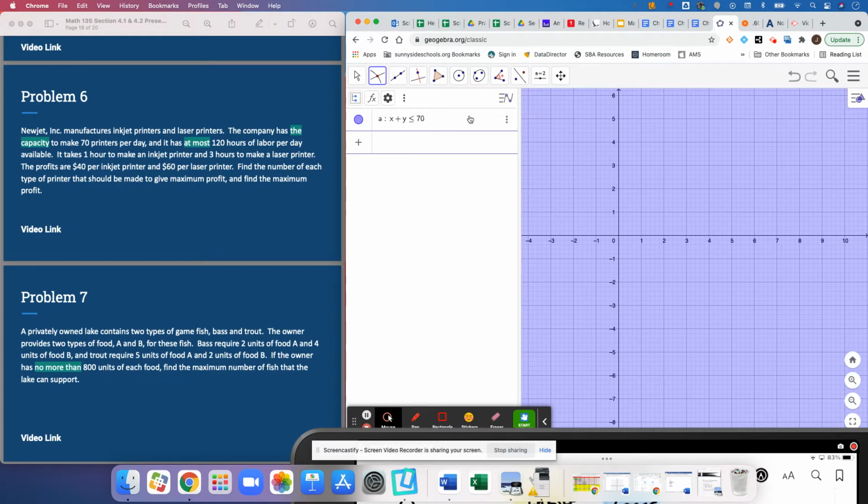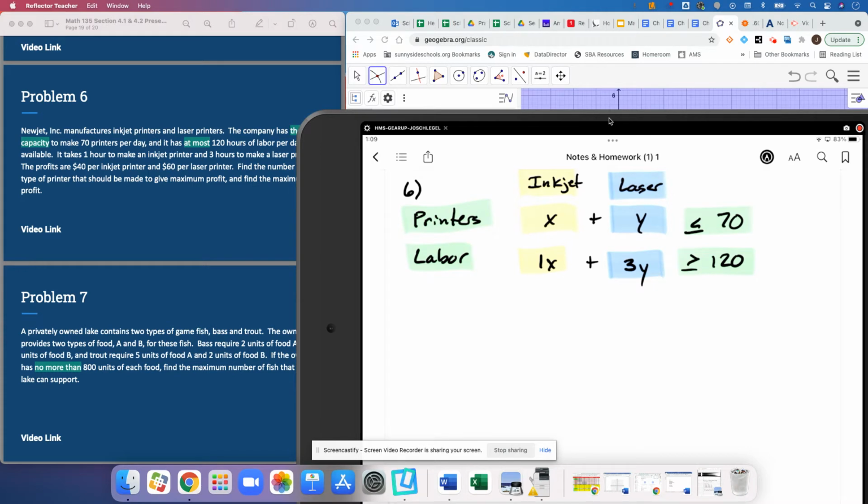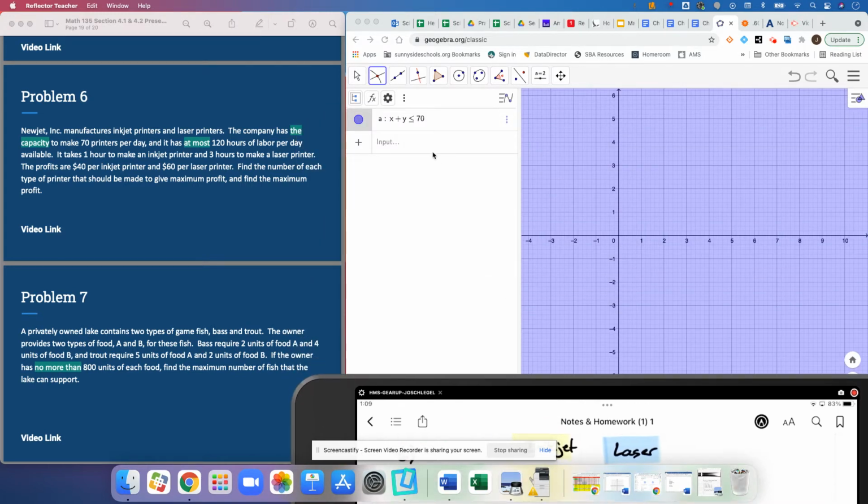And I believe I made a mistake on my iPad, everyone. It does say at most 120 hours of labor. So that means we cannot go over 120 hours of labor. So we've got to switch that sign around. My bad. So then I'm going to have 1x plus 3y is less than or equal to 120.